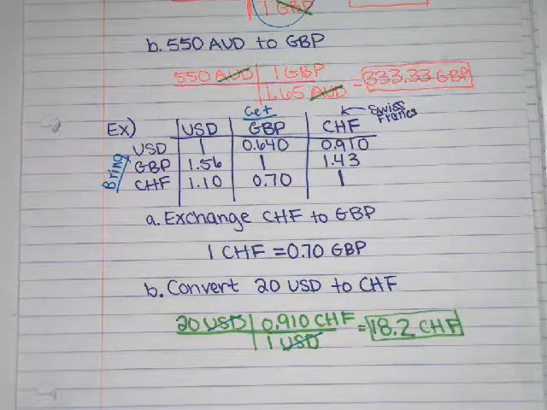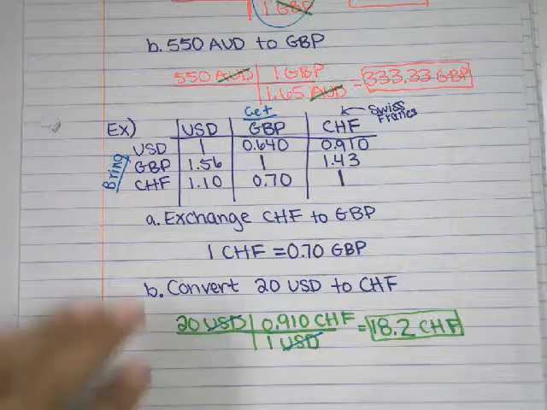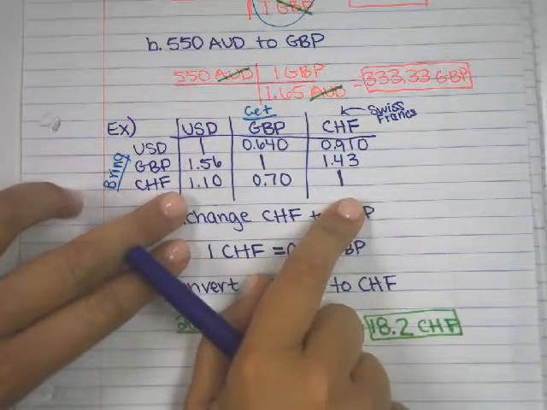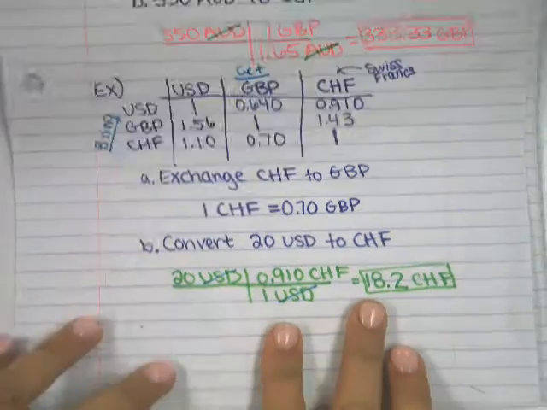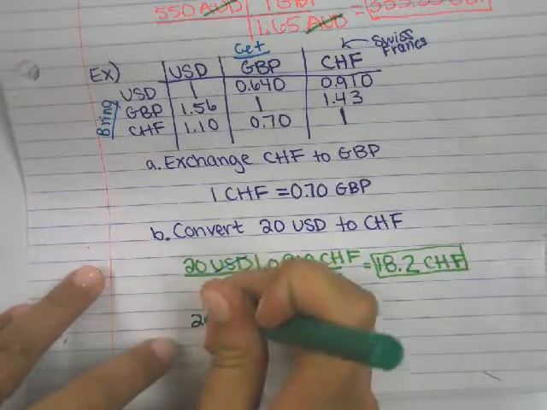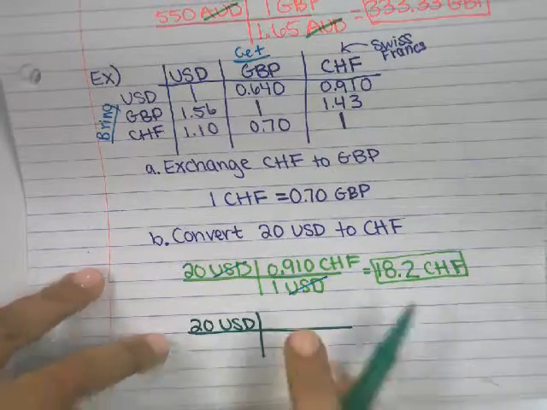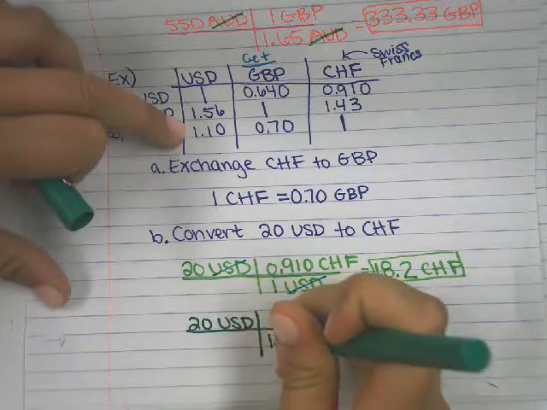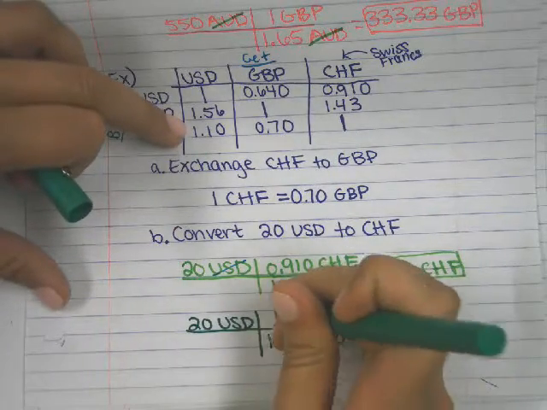Now that's not the only way you can do this exchange. So this table is equitable, as you could say here that 1.1 US dollars is equivalent to 1 CHF. So if you're the type of person like me who likes to see how many different ways you could solve a problem and get the same answer, we could also say 20 US dollars is what we start with, and if we look at this row instead with our CHF, 1.10 US dollars, once again the US dollars have to cancel, is equivalent to 1 of our CHF.